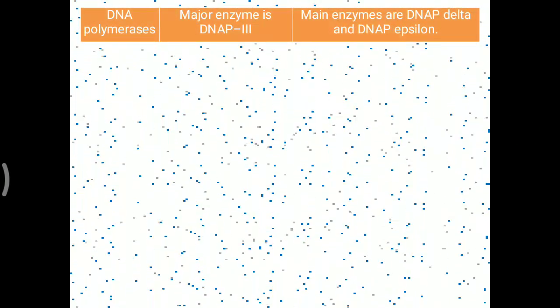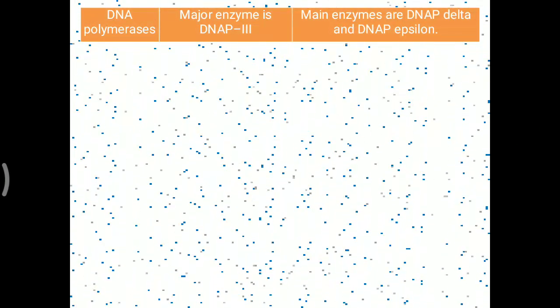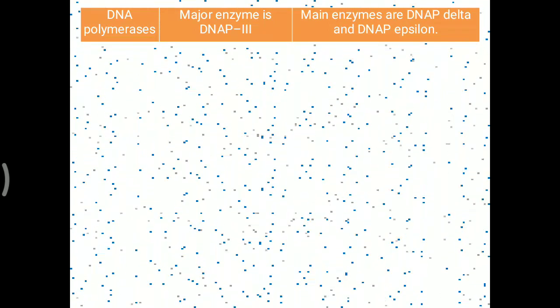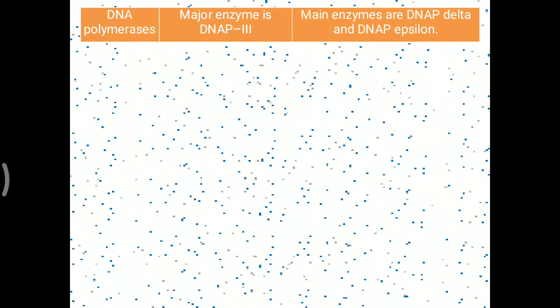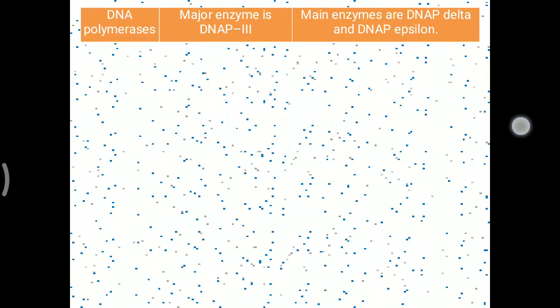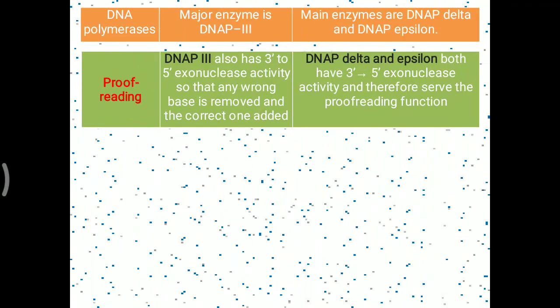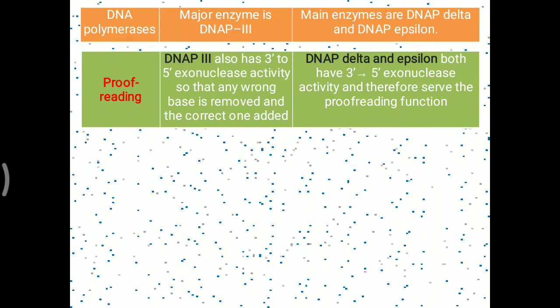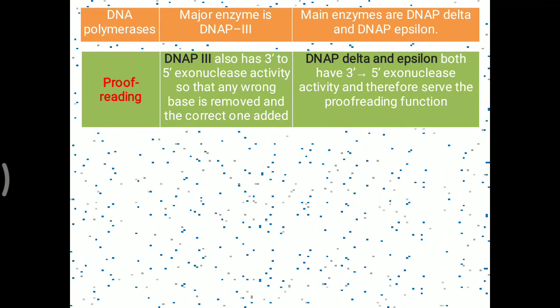Further in detail, DNA polymerase. The major enzyme is DNA polymerase 3 for the prokaryotic, while the main enzymes for eukaryotic replication are DNA polymerase delta and epsilon. Proofreading. Mostly proofreading activity in prokaryotic is done by DNA polymerase 3.